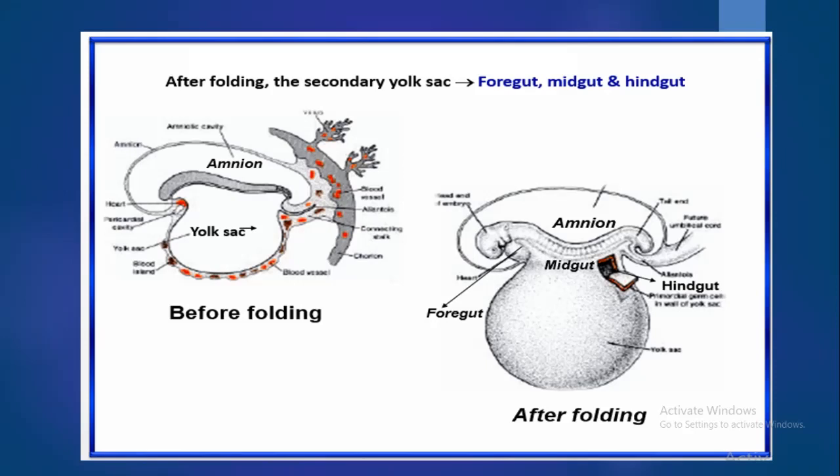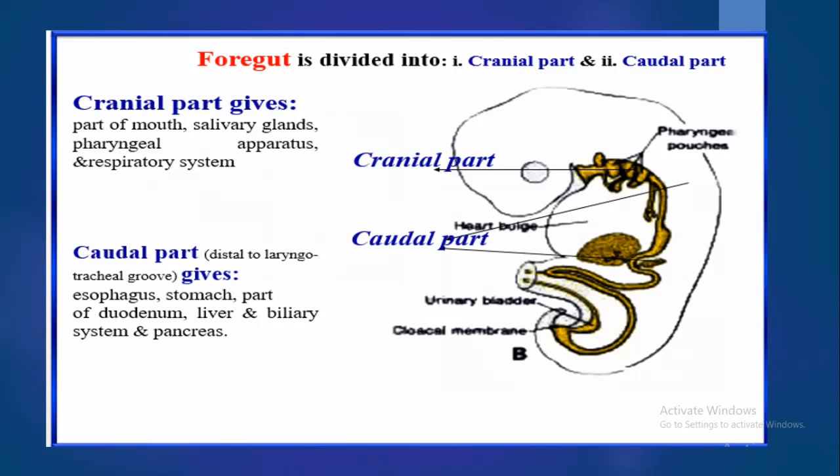In this picture, I would like to show you the yolk sac and amnion before folding, and after folding the yolk sac becomes the midgut. Here there is a clear appearance of the foregut from the cranial part and the hindgut from the caudal part of the amnion.